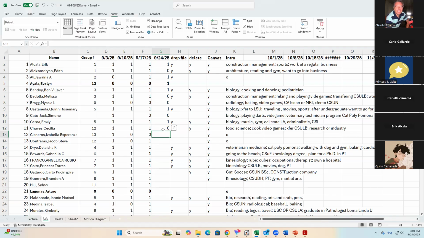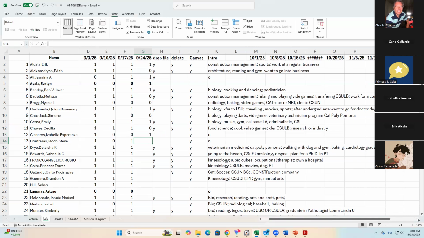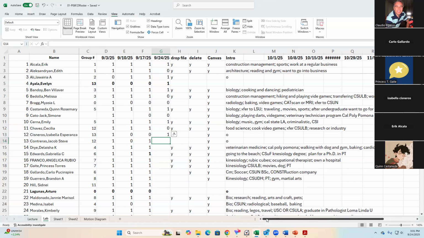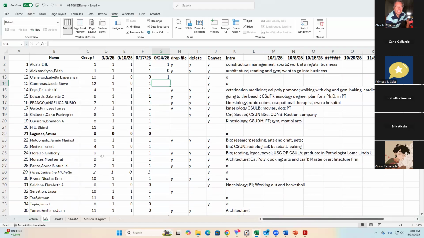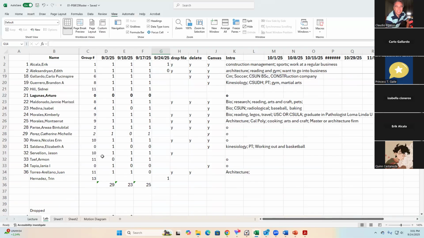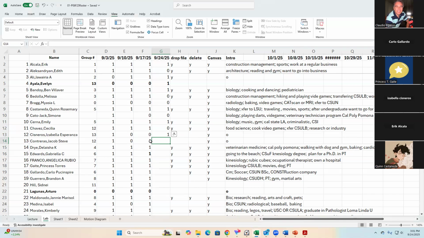Next is Isabella Cisneros. I'm here. Okay, you already have a group, right, Isabella? Yes, with Evelyn and Trin. Okay. Group 12. Next, Jacob Contreras.